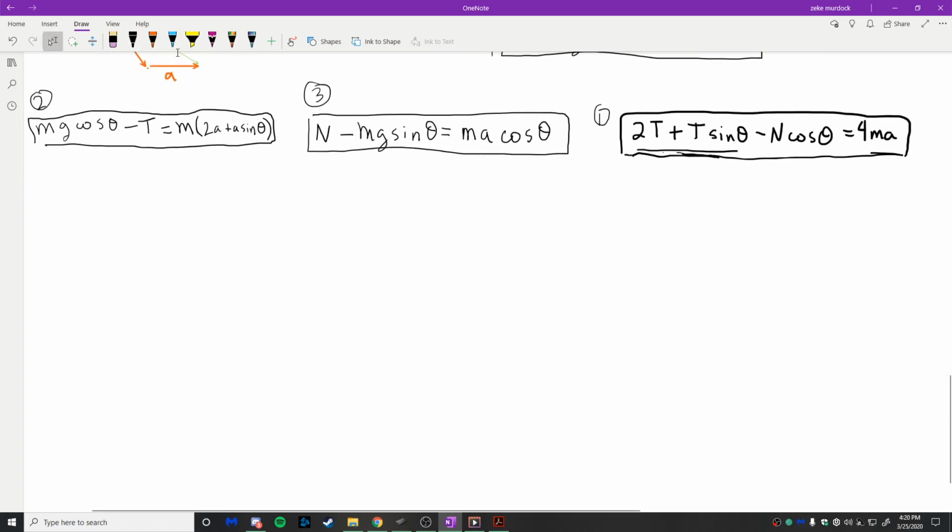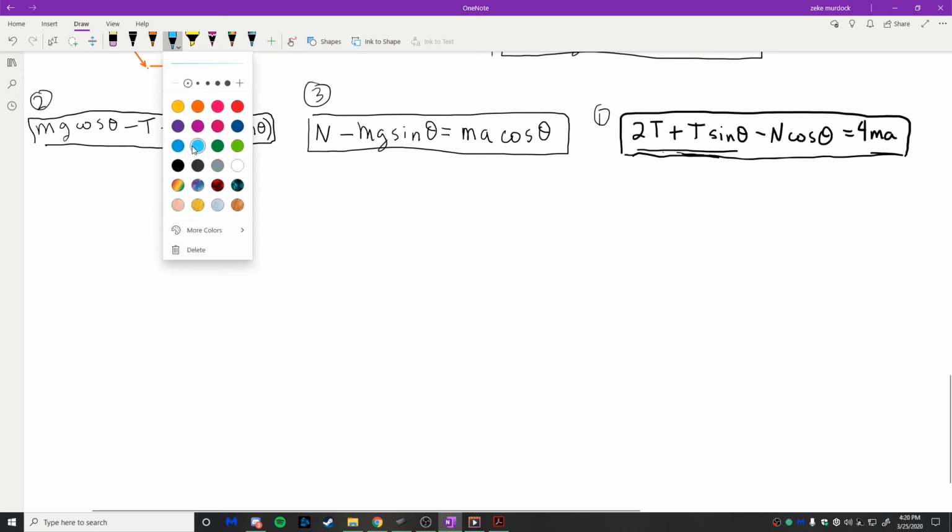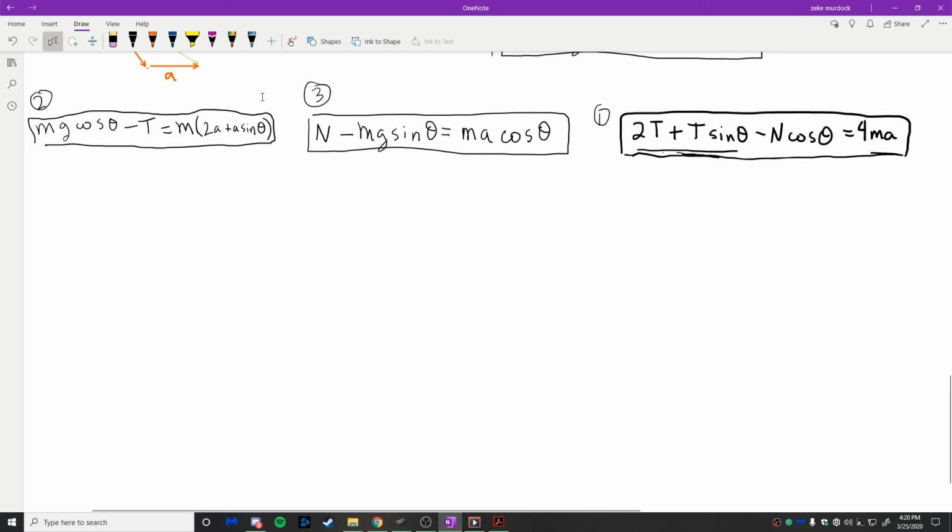And we'll just do a different color here, just to make it not look so monotone, like dark blue or something. Those are the 3 equations we want to move together. And the way in which we're going to do this is we're going to use what's called the elimination method, which is the method I like to use a lot with these type of problems, and also just in general using Newton's second law problems when you have unknowns that show up in each thing.